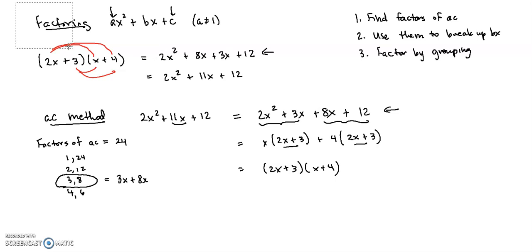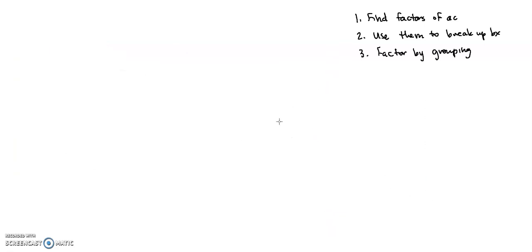All right, so let's try that with another one. Let's see, let me find a good one. All right, let's do 4x squared minus 19x plus 12.